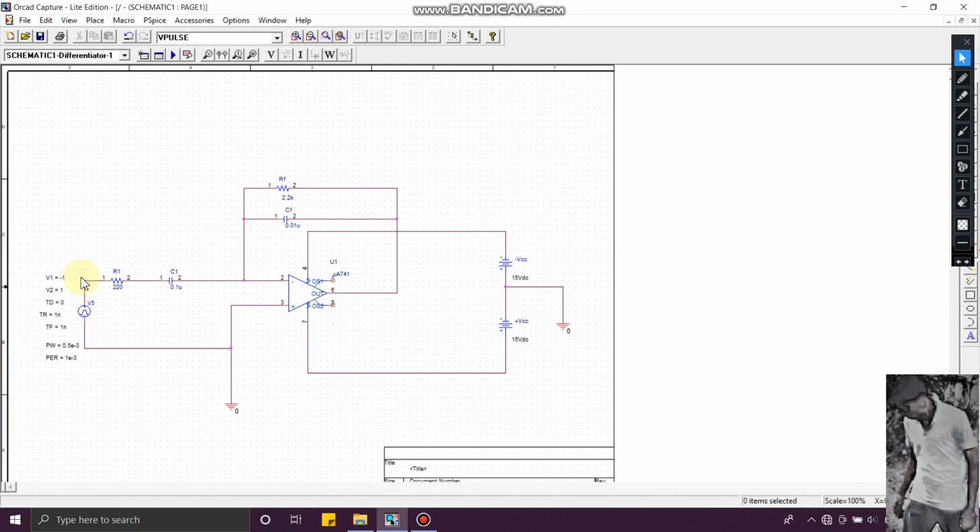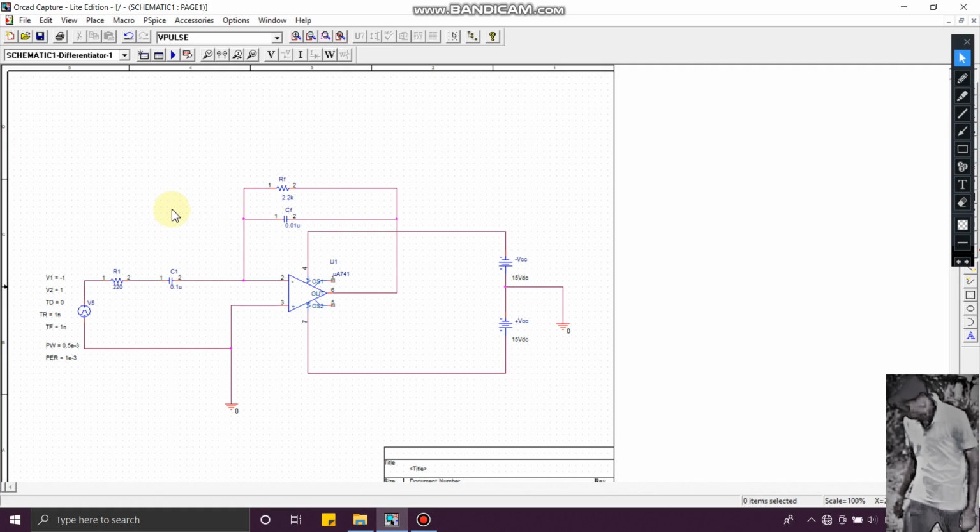Using a pulse generator, I'm going to generate a square wave of pulse width 0.5 millisecond and a time period of 1 millisecond. There is no rise time and fall time, it's nearly 0, and I'm going to get my square wave of amplitude 1. You just draw the circuit as per the circuit diagram.